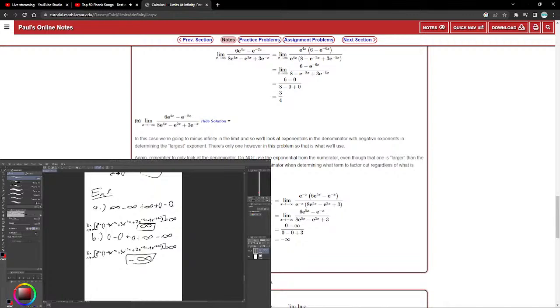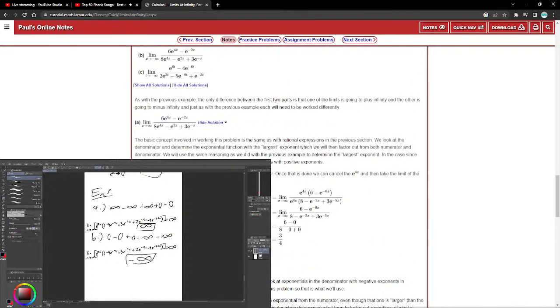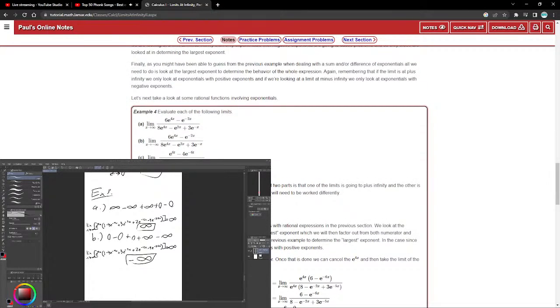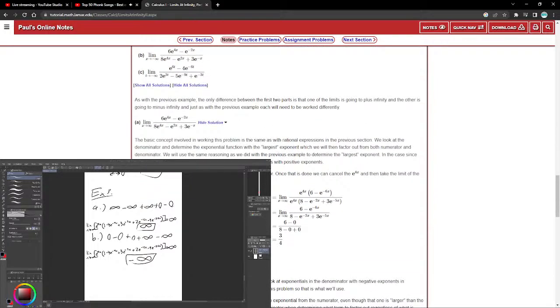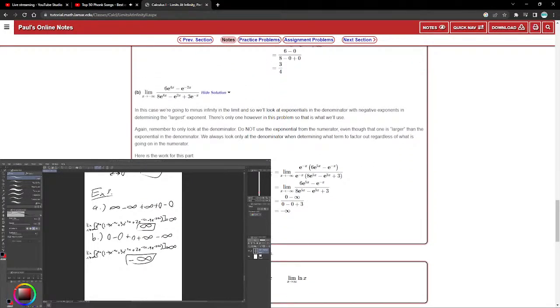In this case, we're going to minus infinity, and the limits will look at the exponentials in the denominator with negative exponents. Really? Okay, so they factor out the negative.